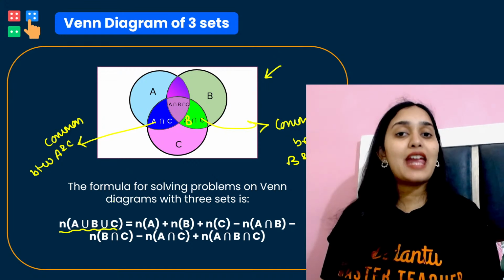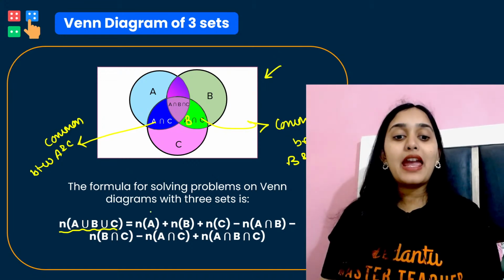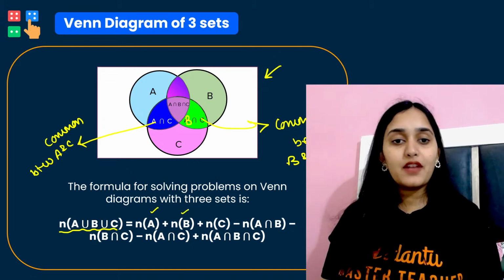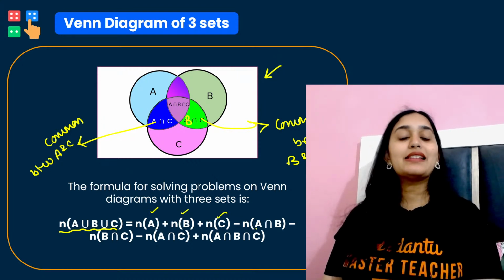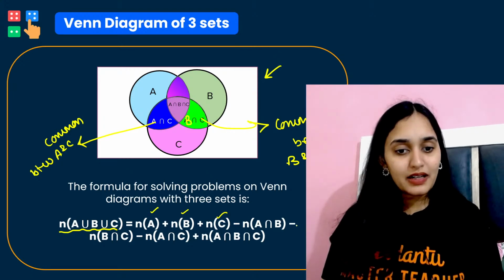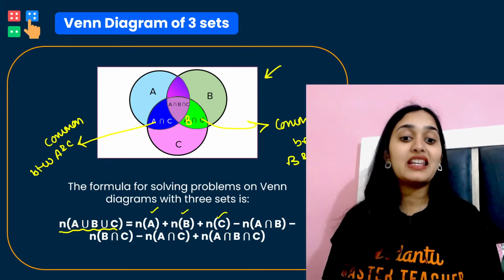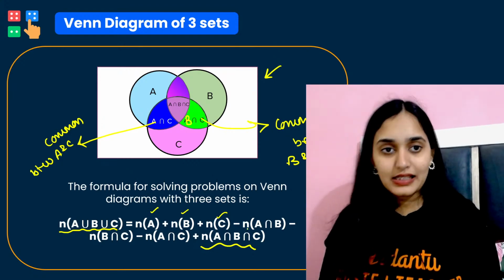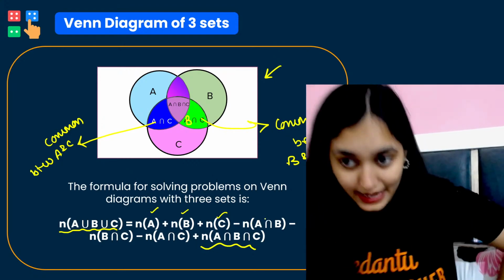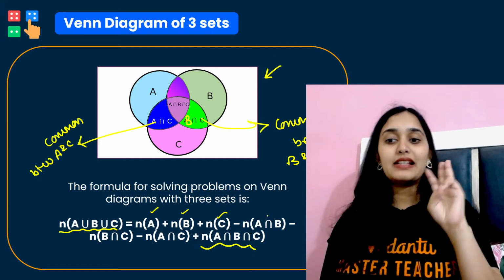The union of A, B and C will be n(A) plus n(B) plus n(C) minus n(A intersection B) minus n(B intersection C) minus n(A intersection C) plus n(A intersection B intersection C). So this is how the Venn diagram of 3 sets looks like.